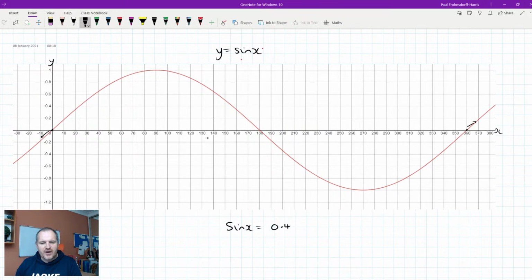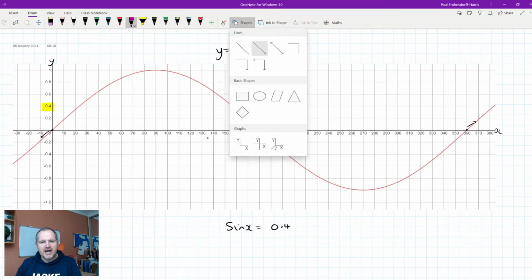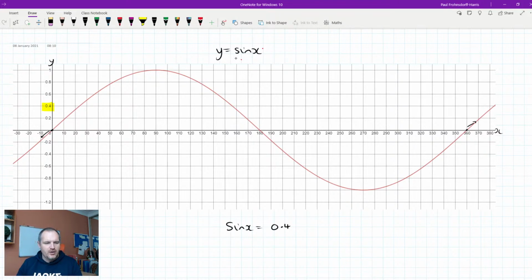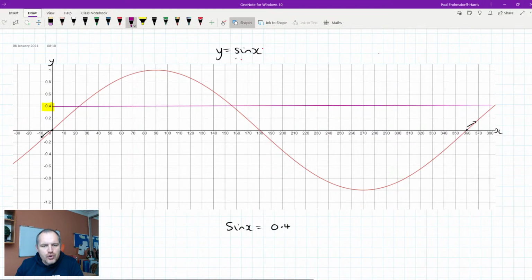Well, we need to find where it equals 0.4. And I can see 0.4 over here. So what I do is I draw a straight line from this point here all the way across the grid at the point where it's 0.4. And you will see in this range there are 2 solutions we're interested in.